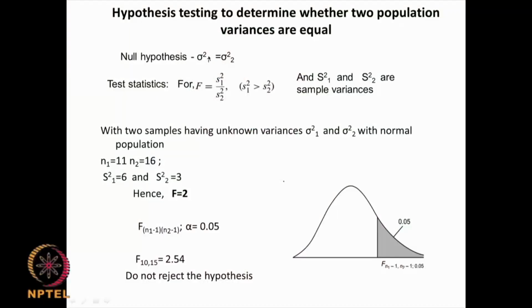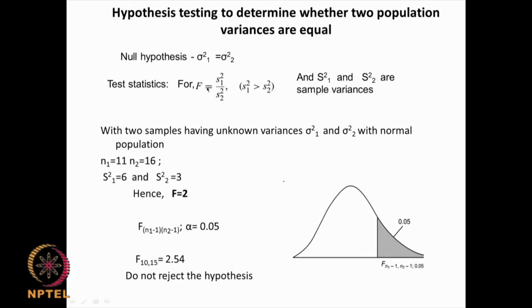So, in that data, the null hypothesis could be sigma 1 square is equal to sigma 2 square. The test statistic could be S1 square by S2 square, and then the numerator degrees of freedom is n1 minus 1, the denominator is n2 minus 1. So, if I have two sets of samples, n1 is 11, n2 is 16, S1 square is 6 and S2 square is 3.